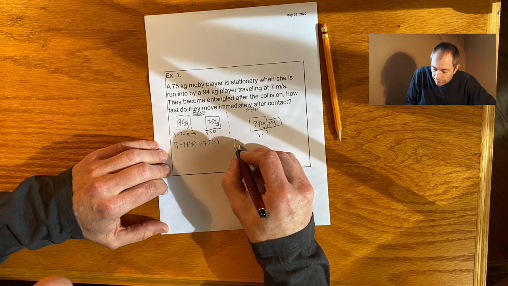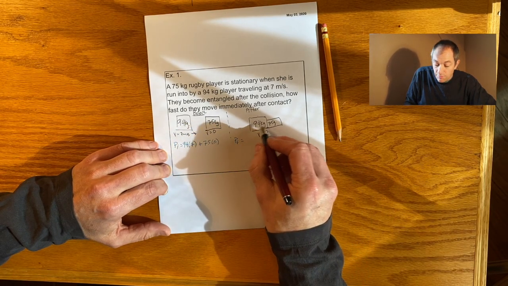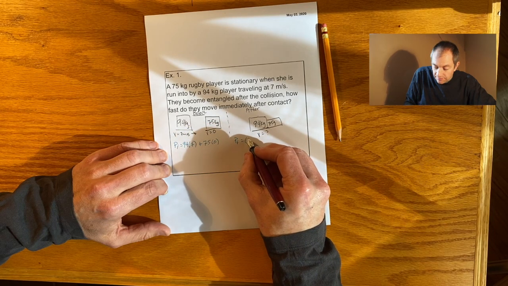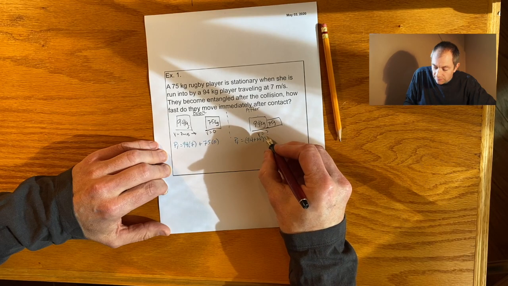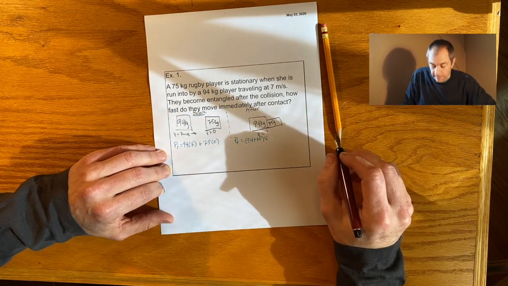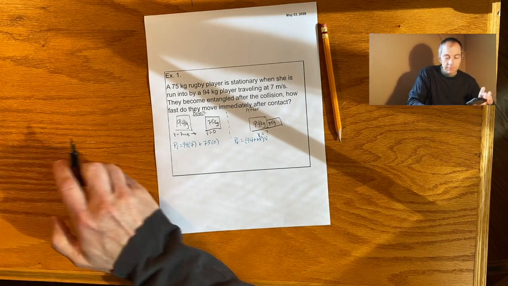P final is the momentum after the collision. And I've got my two masses added together, so that's going to be 94 plus 75 times the velocity, which I don't know, so I'll call it V. Well, let's do some calculations here.